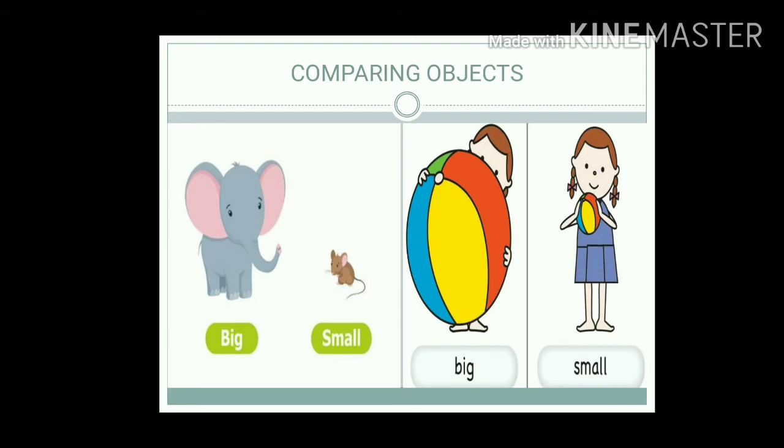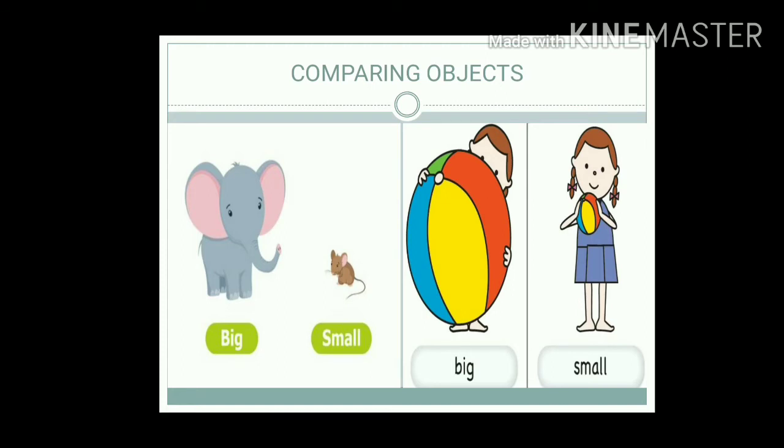Okay, now let's move on to the second picture of a ball and a girl. In the first picture, we can see that the ball is very big, and the girl has hidden behind the ball. Now what can we understand from it? That the ball is bigger than the girl, isn't it?